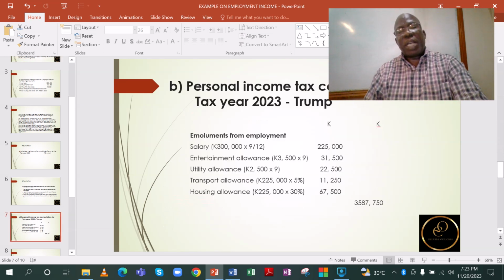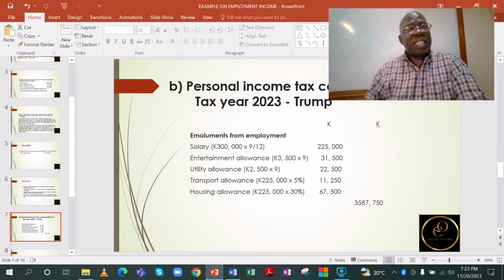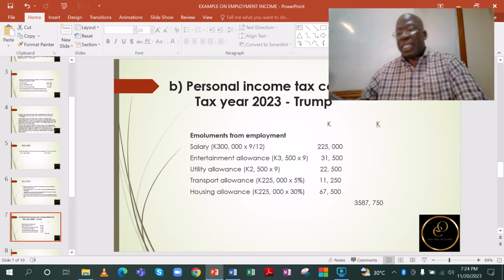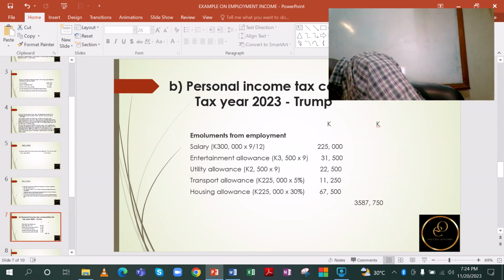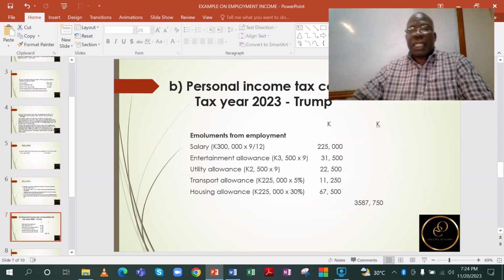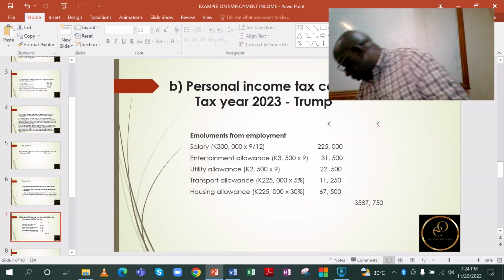The 300,000 is an annual salary. Since we are only counting from April 1st to 31st December, we take only a portion of it, which is 9/12, giving you 225,000 as the salary.